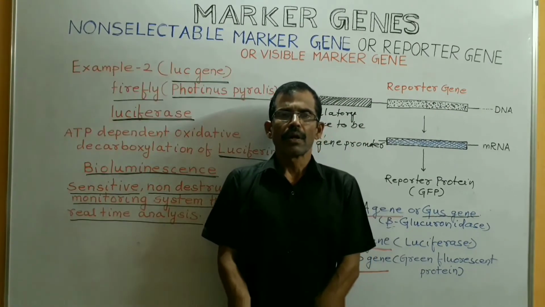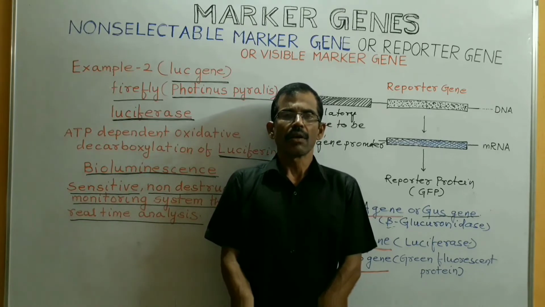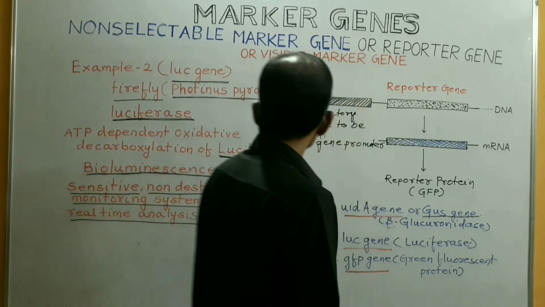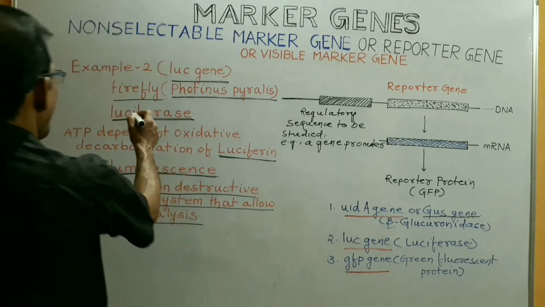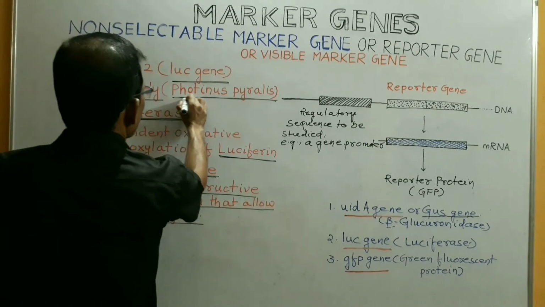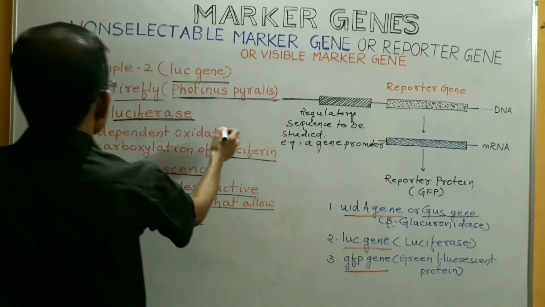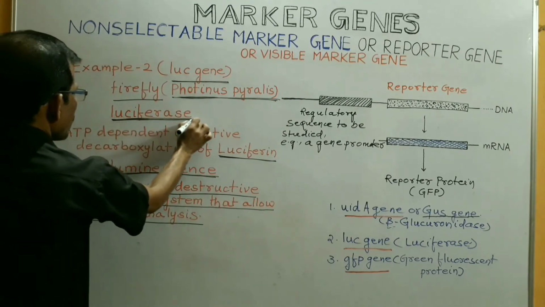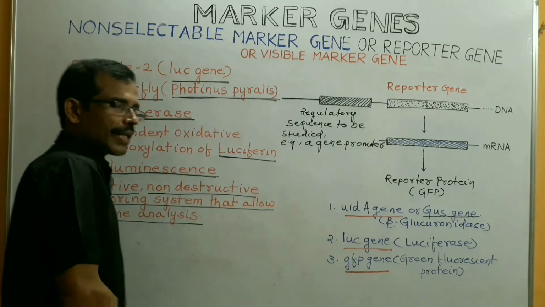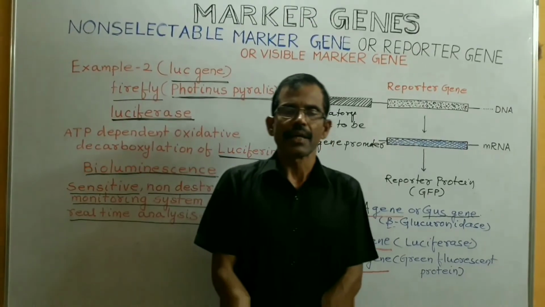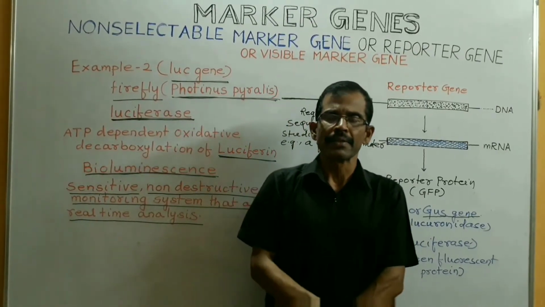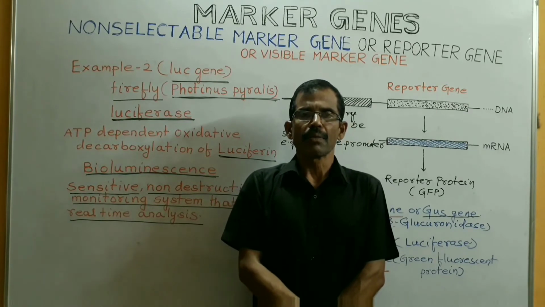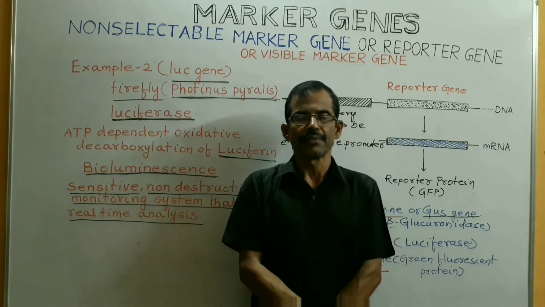Another example of a reporter gene is the LUC gene. The LUC gene is obtained from the firefly known as Photinus pyralis. The LUC gene codes for the enzyme luciferase. The enzyme luciferase catalyzes the ATP-dependent oxidative decarboxylation of luciferin.